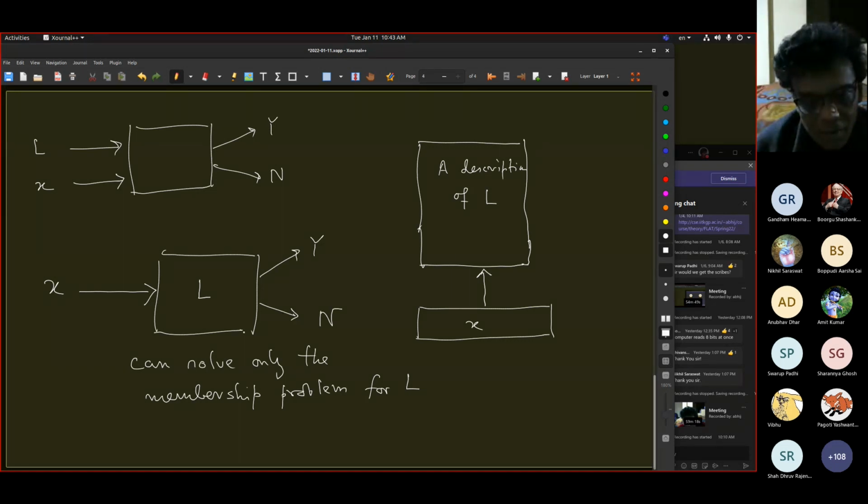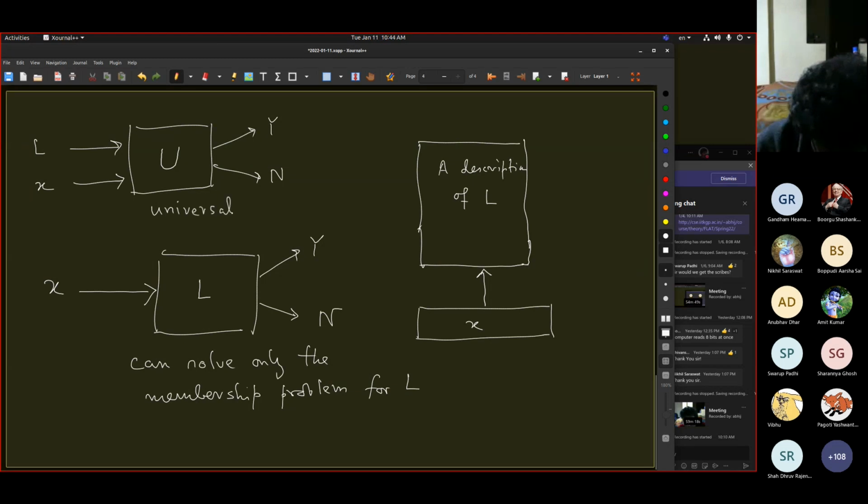Yes, sir. So near the end of this course, we will build a machine called the Universal Turing Machine that can solve this kind of problem. But before doing that, we will keep on building machines specific to specific problems or languages. This is called the Universal Turing Machine, a single machine that is capable of solving all computational problems.